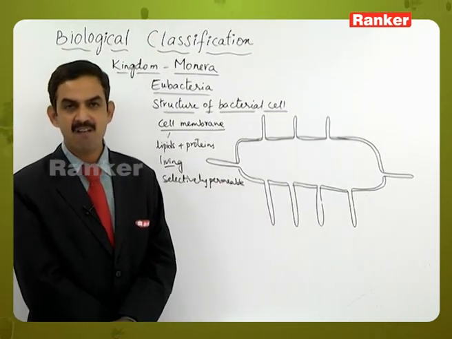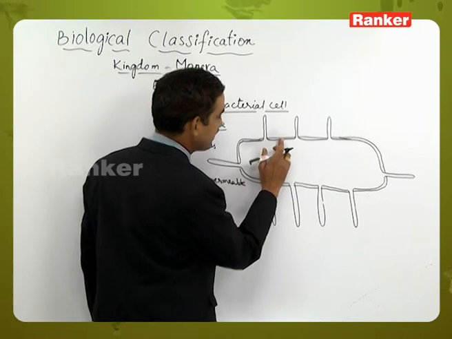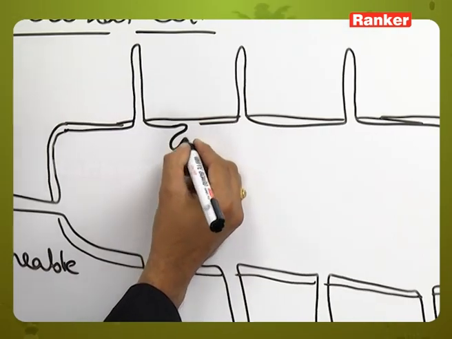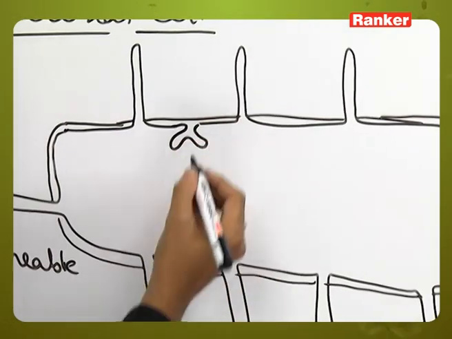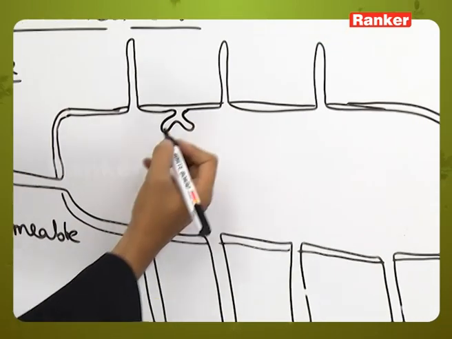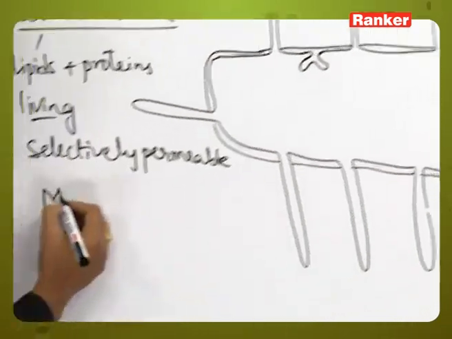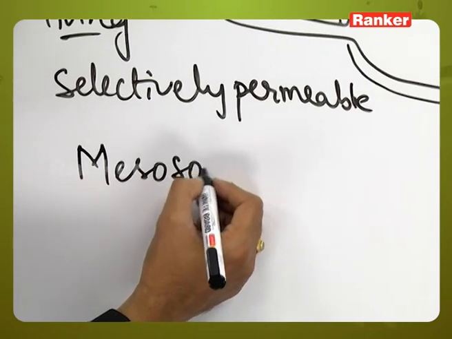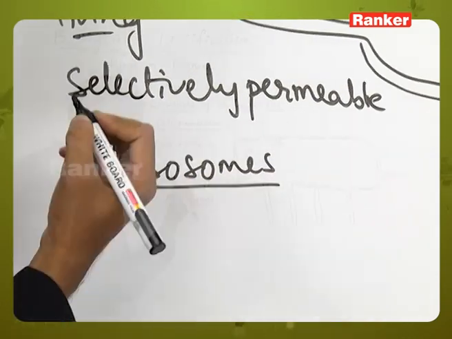Here we can see some invaginations. Here and there we can see some invaginations inside the bacterial cell. These invaginations are called mesosomes.